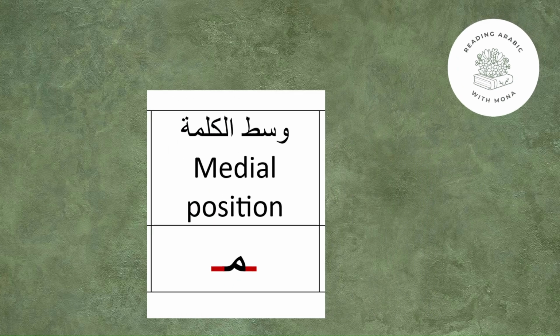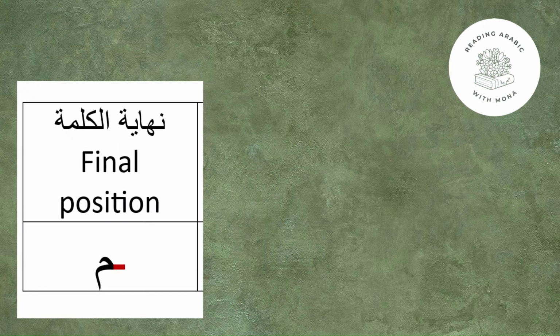With the medial position, we have the same shape as the initial position, except that we extended a line before the letter, so it will be connected to the preceding letter. And finally, in the final position, the meme will restore its original shape.